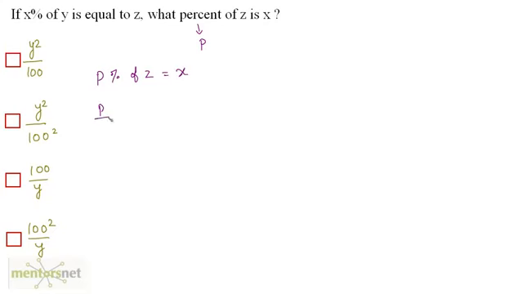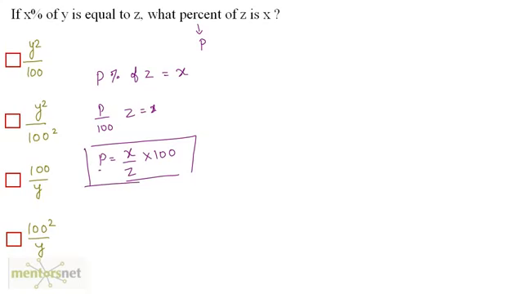So I can write P upon 100 times Z is equals to X, isn't it? So P is equals to X upon Z times 100. And that's what we have to find out. We have to find out the value of P, and we can get that with what is given to us.